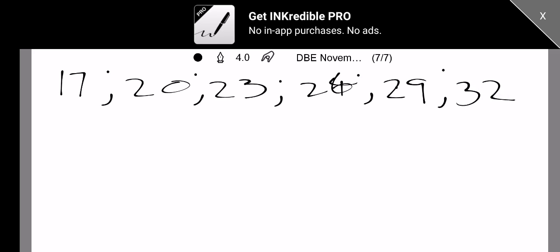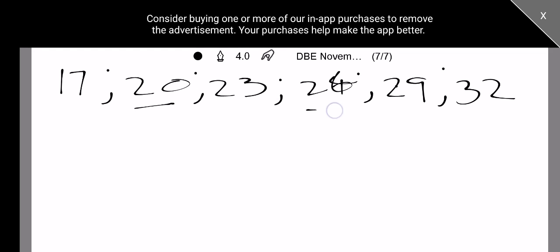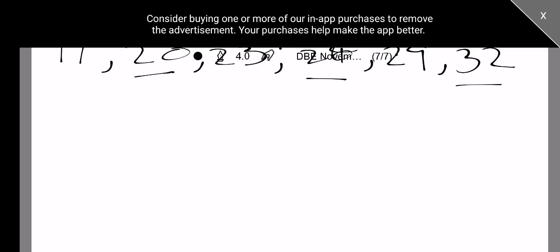Now you can already tell from the sequence which terms are even. It's 20, 26, and 32. So from there we can write them down. 20 is going to be the first term of the sequence, 26, 32.